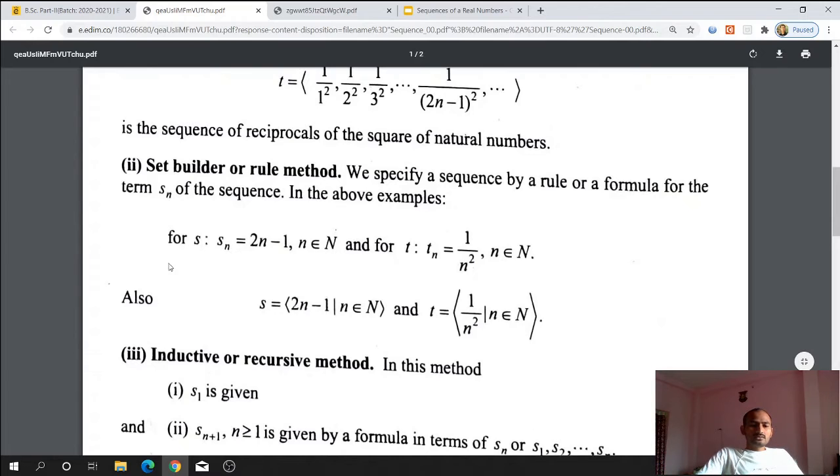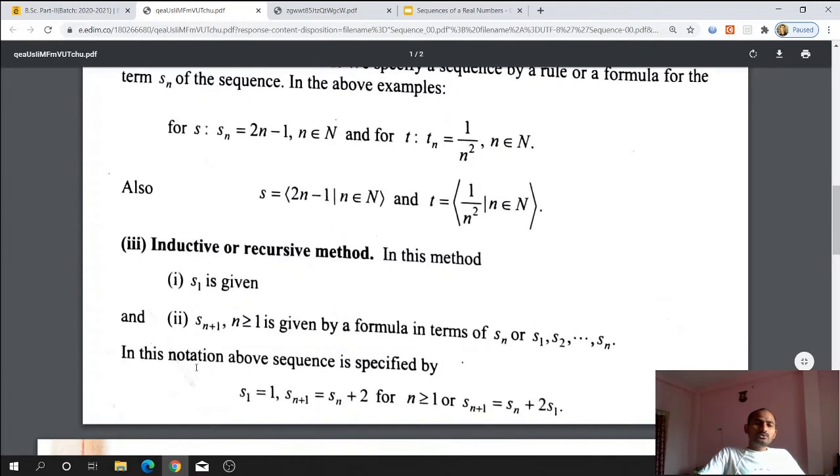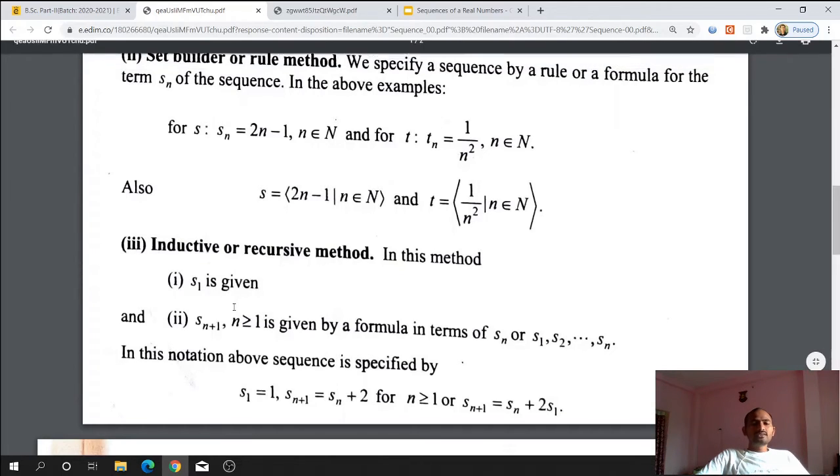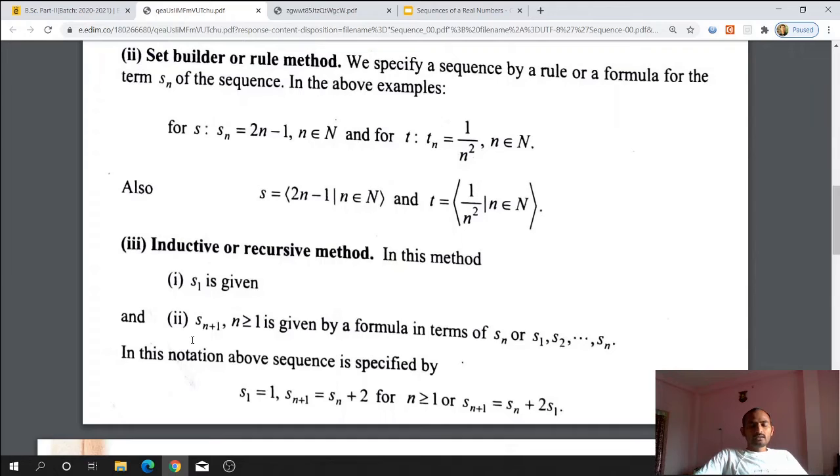So next is the inductive or recursive method. In this method, S1 is given, then Sn plus 1 is given for n greater than or equal to 1 by a formula in terms of Sn or S1, S2, and so on up to Sn.